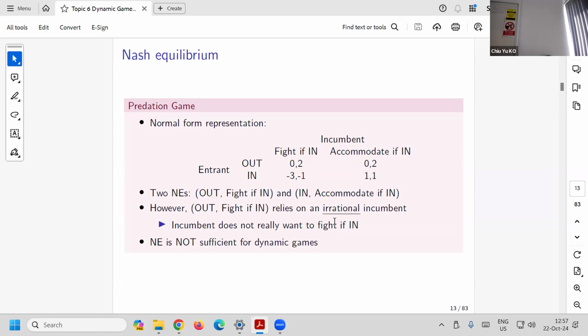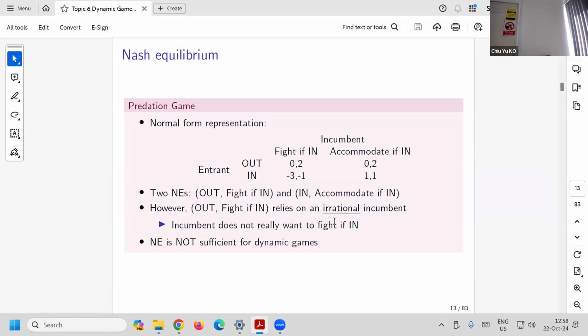Why? Because player 1 doesn't want to deviate, and player 2 doesn't want to deviate. And this one is also a Nash equilibrium: neither player wants to deviate. So there are two Nash equilibria.